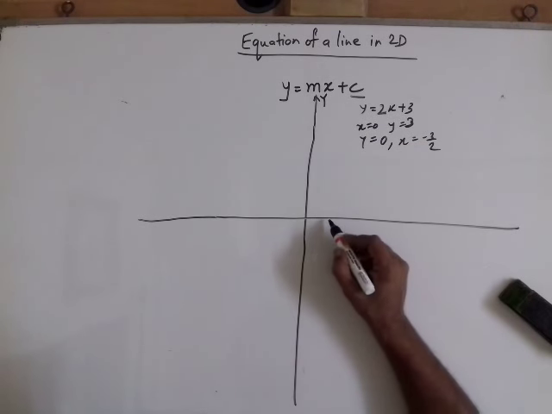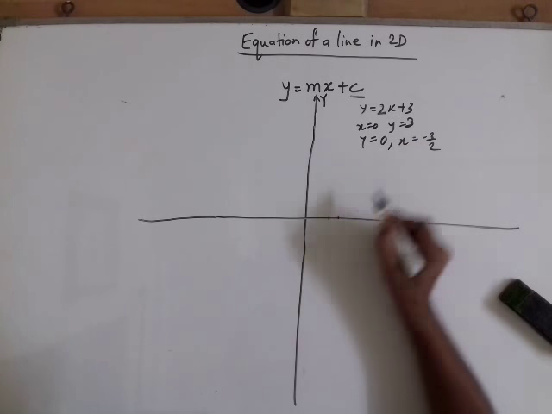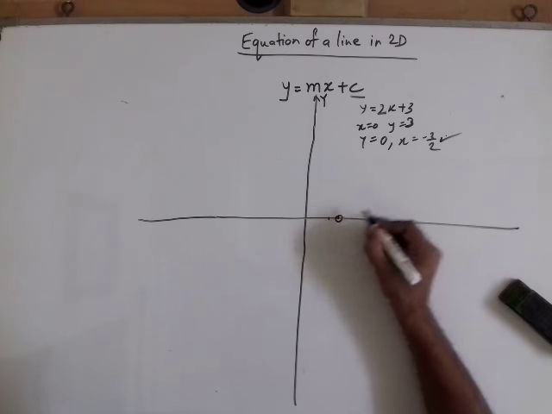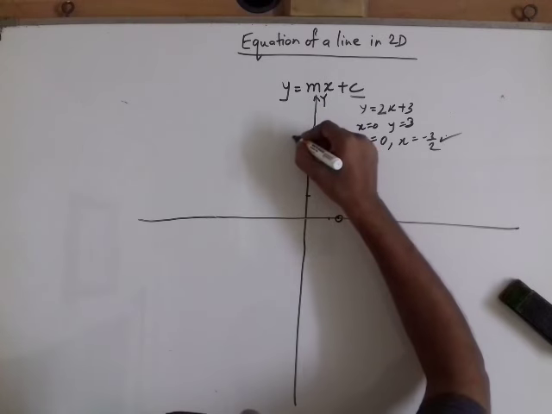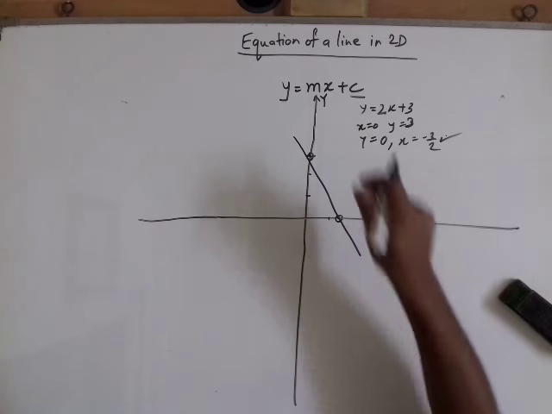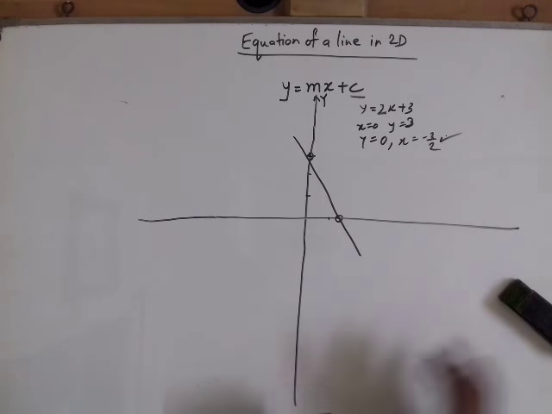And then you would get your 2 points, this one here, and this one 1, 2, 3 here, and you had your line. So that was the worth of y is equal to mx plus c.